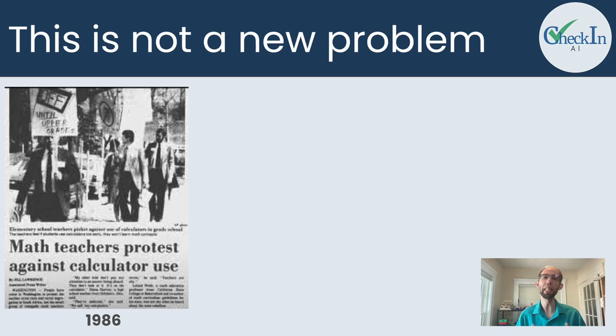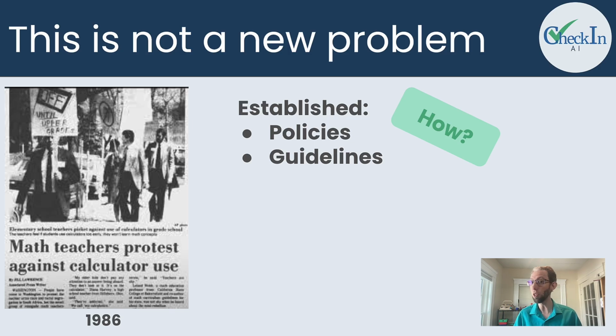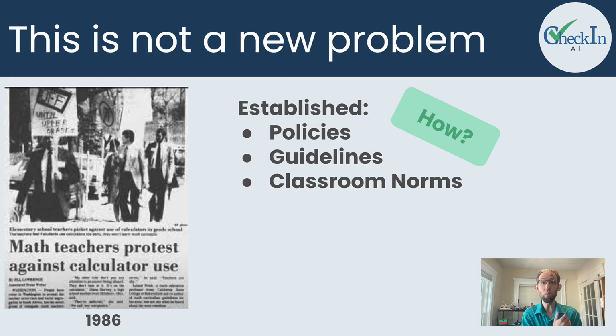The calculator is a commonly accepted tool in schools. Why? Because we figured out the how. We didn't just throw it into schools and say, use it however you want. We used it for specific purposes. We established policies around calculator use, guidelines that both teachers and students understand and accept, and even classroom norms of when and how to use it.